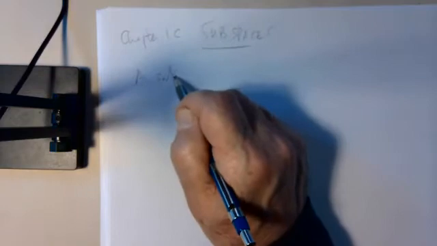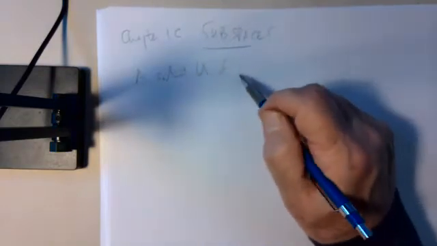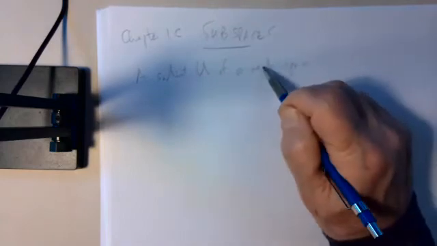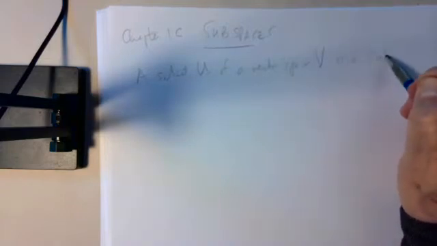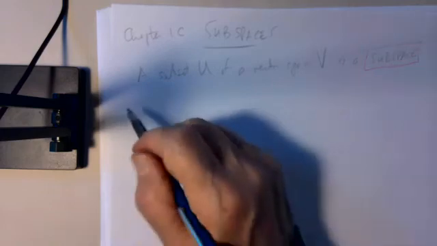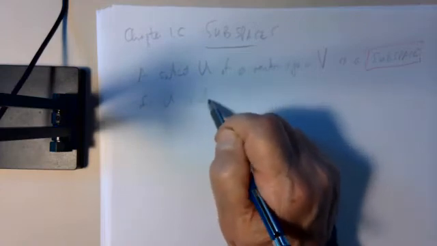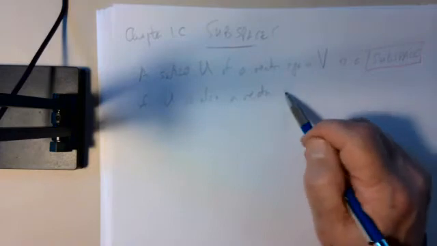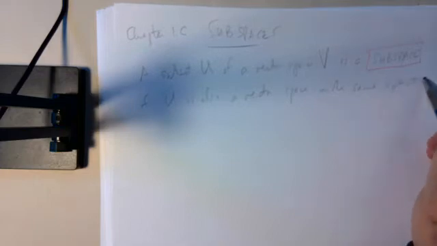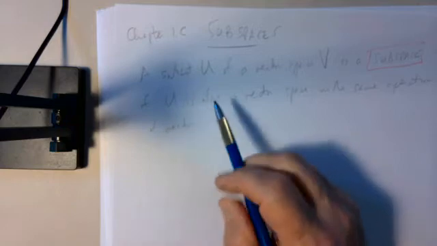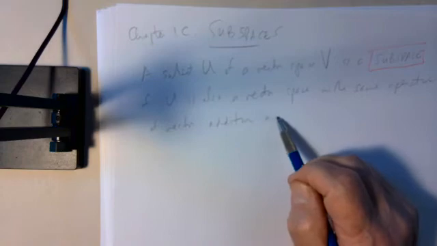And a subset U of a vector space V is a subspace if U is also a vector space with the same operations of vector addition and scalar multiplication it inherits from V.